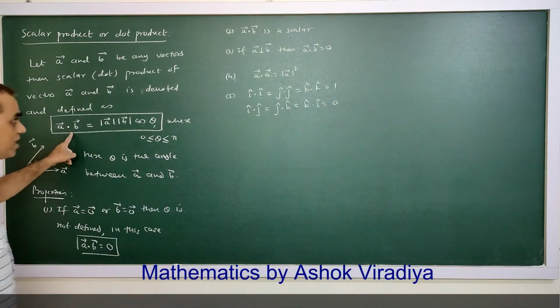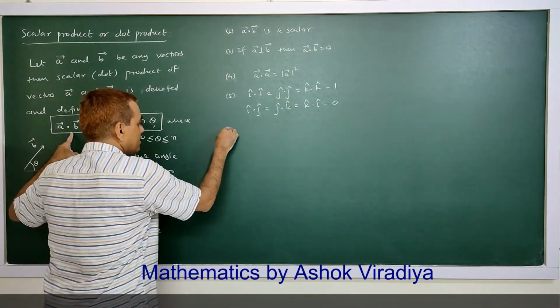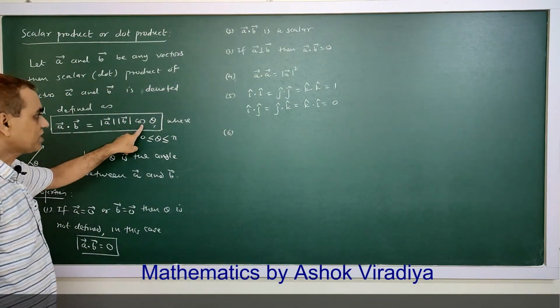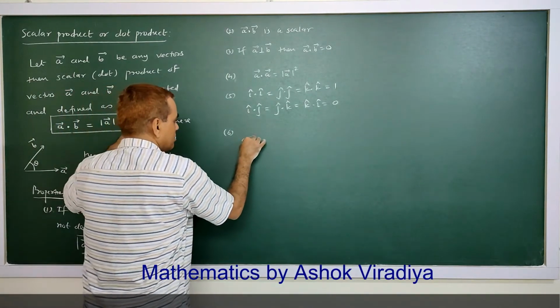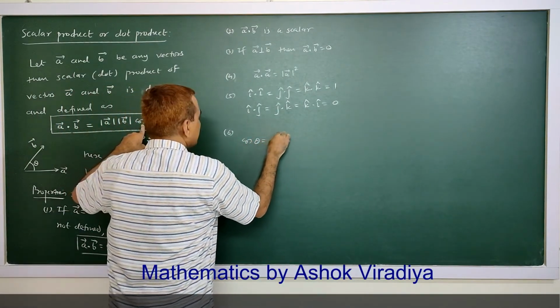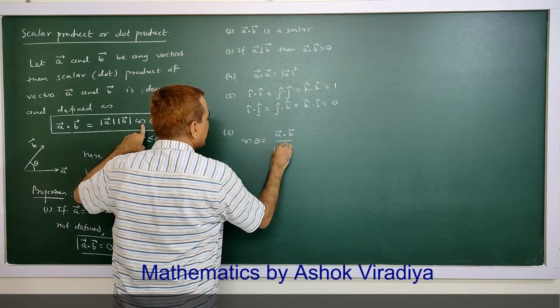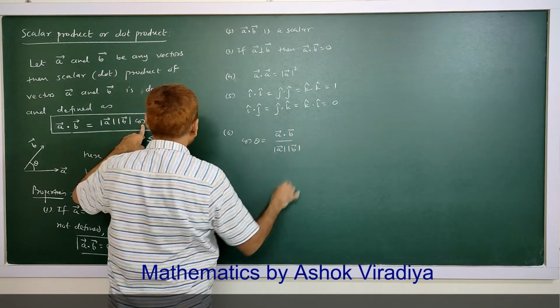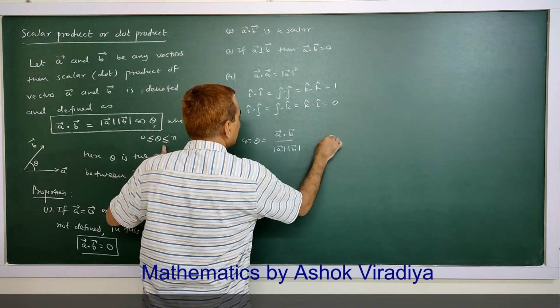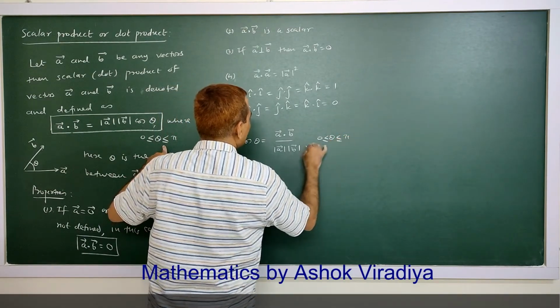Then from this formula, cos theta is vector a dot vector b upon magnitude a magnitude b. Here theta is a value belonging to 0 to pi.